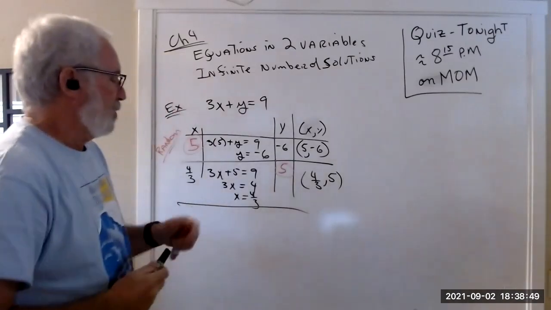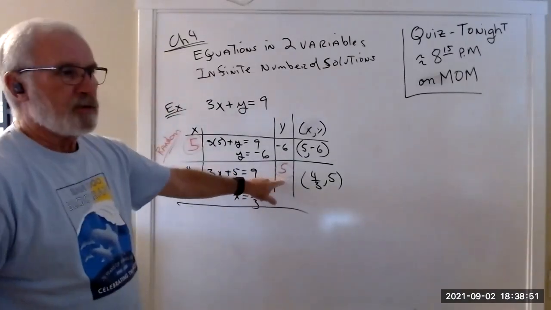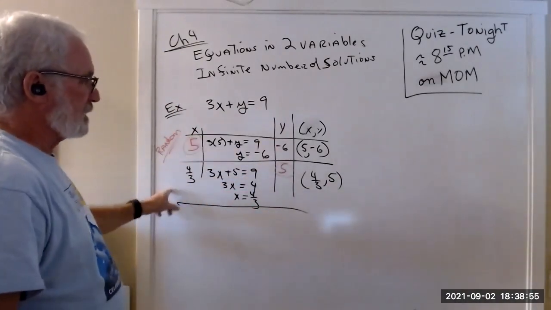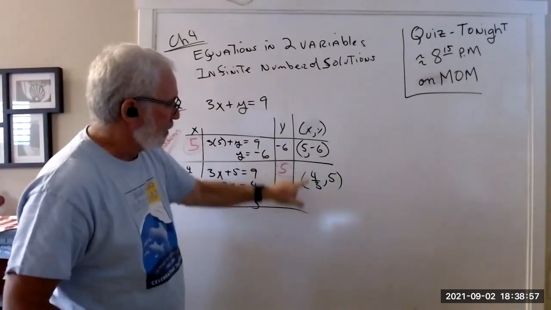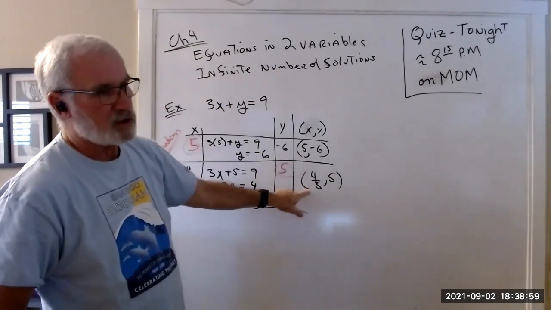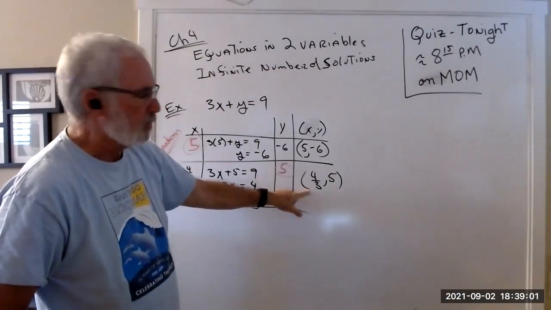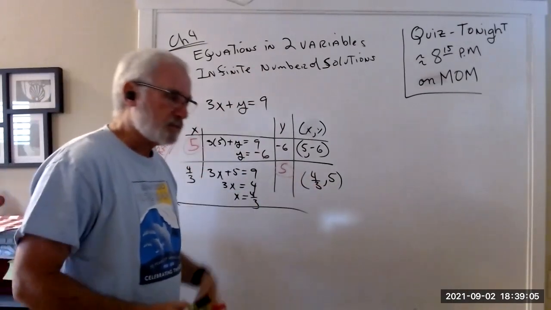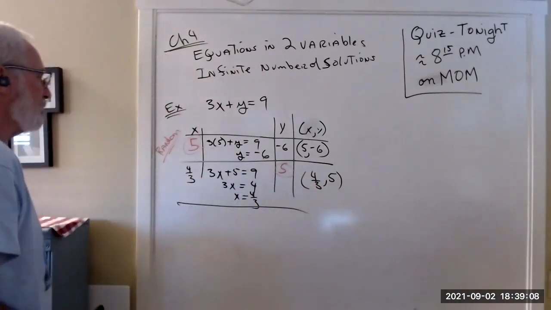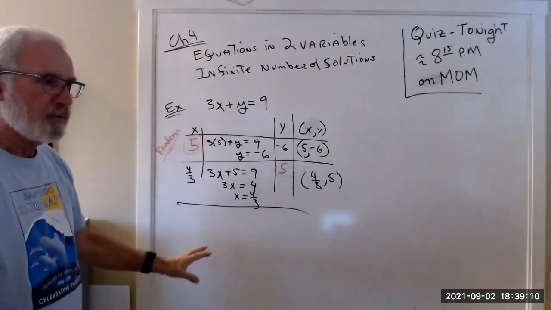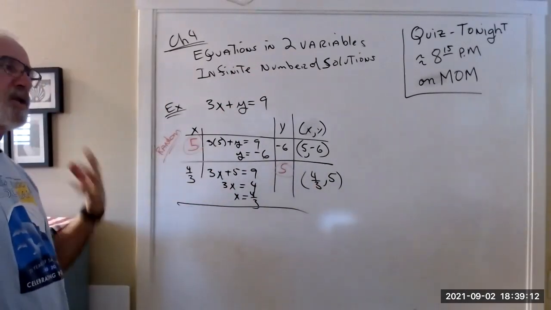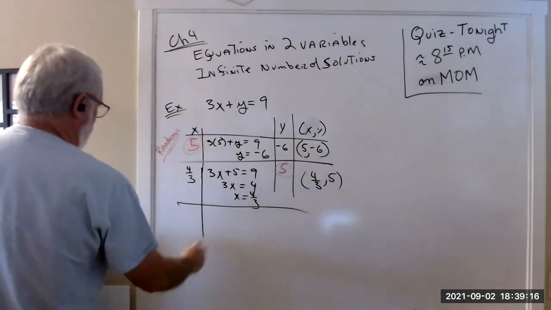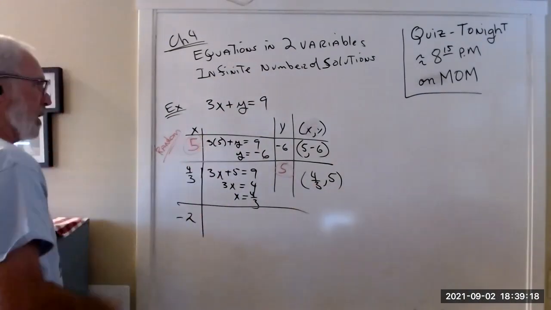Remember, even though we started with the 5 randomly for the y value, plugged it in, got x, when you write the ordered pair, the x value always comes first, always. That will never change. And we can keep doing this. Sometimes mom will say, just pick some numbers. Other times mom will actually give you a number, like, hey, if x is -2, figure out what y is.